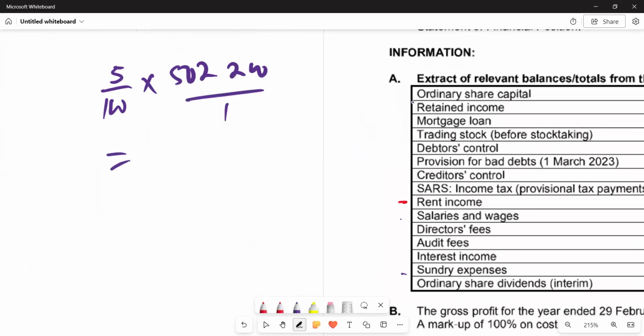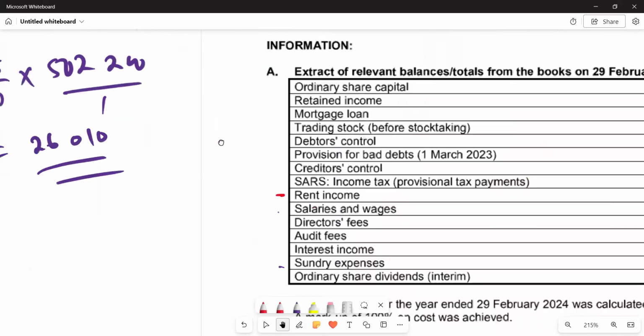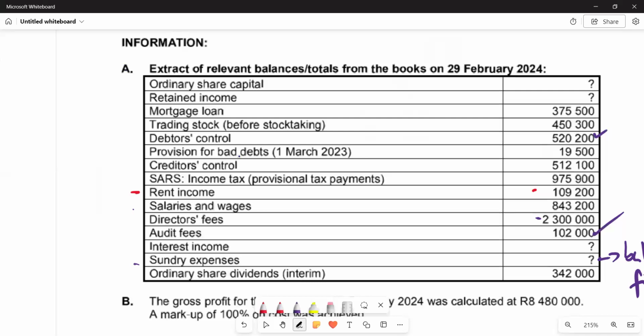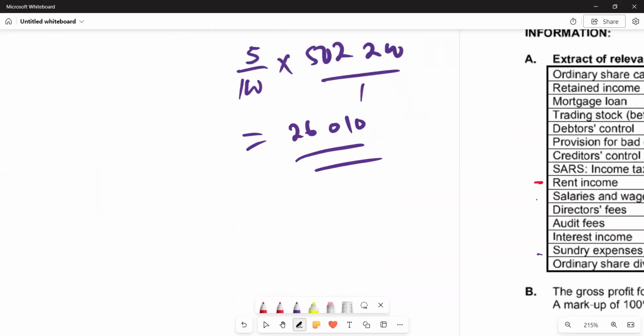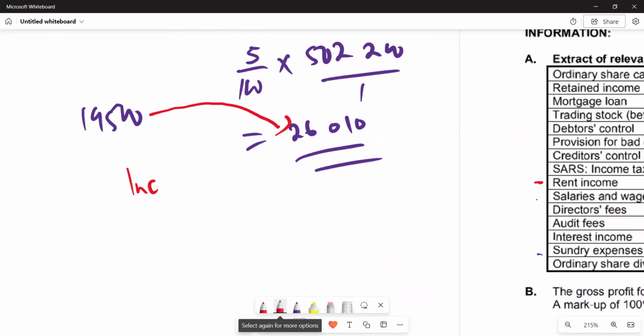We calculate it as such, and the figure that we are going to get is 26,010. So this is the level of provision for doubtful debts for the current year. We compare it with the previous year that is given in the list of balances, which is the provision for bad debts, 19,500. This indicates a movement from 19,500 to 26,010, which is obviously an increase.